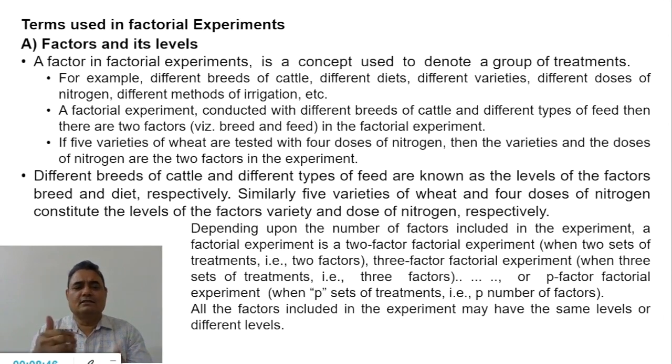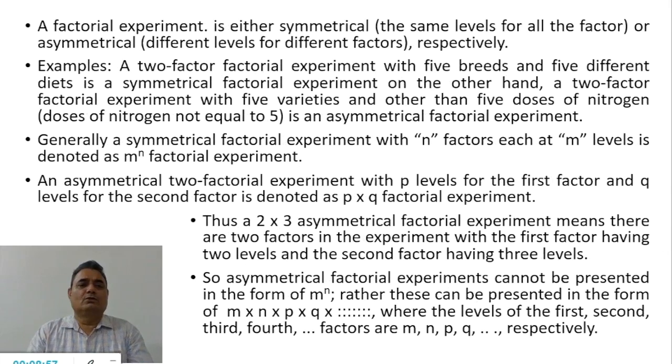So I will discuss in brief the symmetrical as well as the asymmetrical factorial experiment and how their analysis is performed. So a factorial experiment is either symmetrical or asymmetrical depending upon the different levels for different factors.